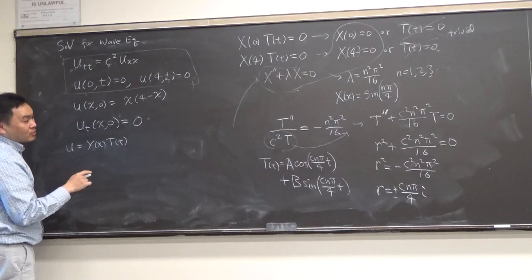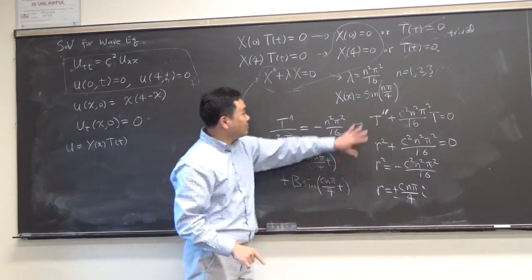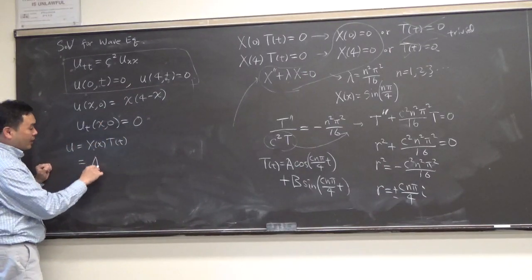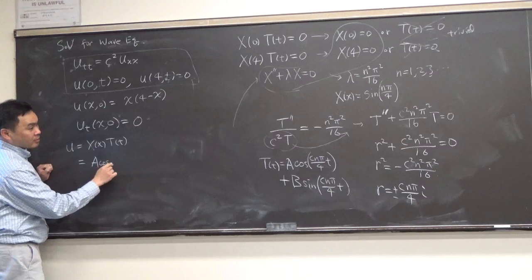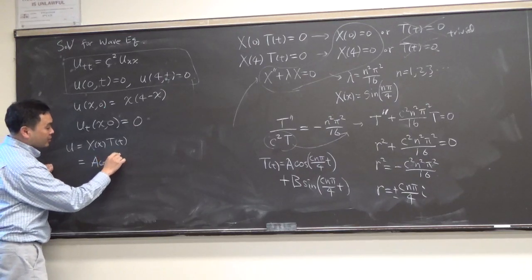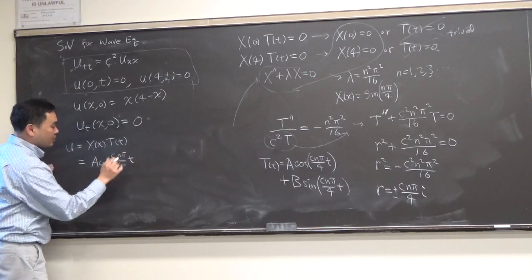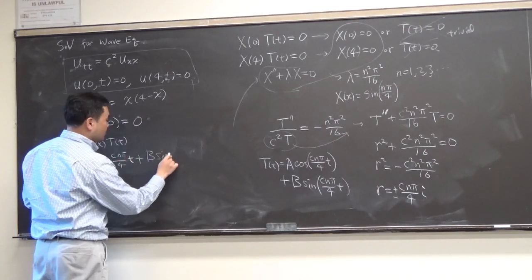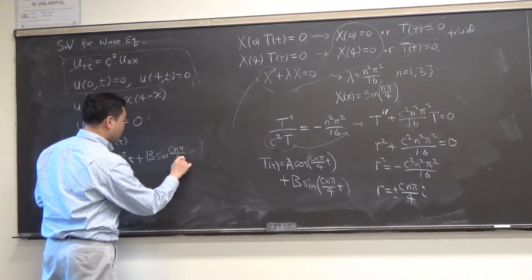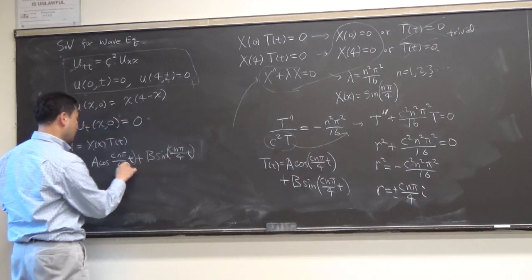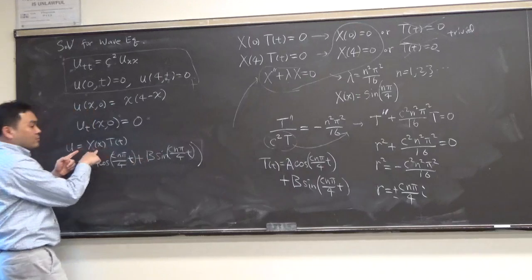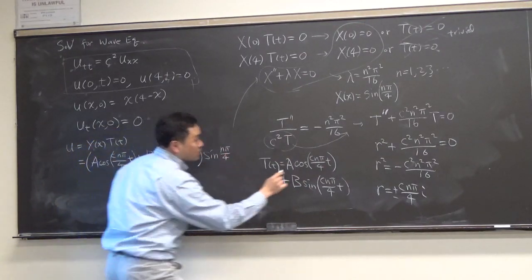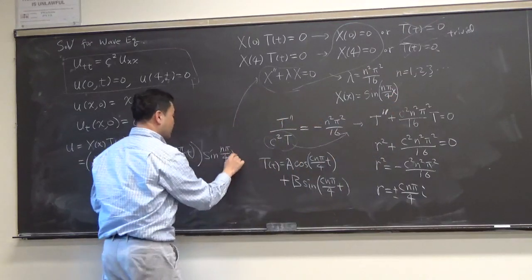Now we have the t part times the x part as the solution, which means the solutions look like a cosine Cn pi over 4 t plus b sine Cn pi over 4 t, times X of x, which is sine n pi over 4 x.